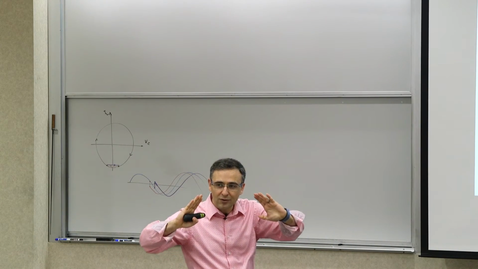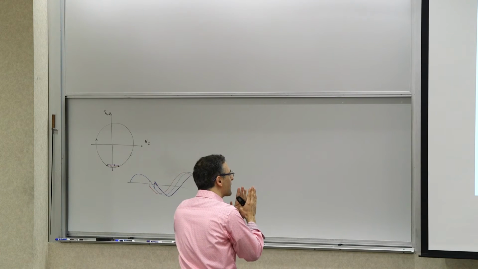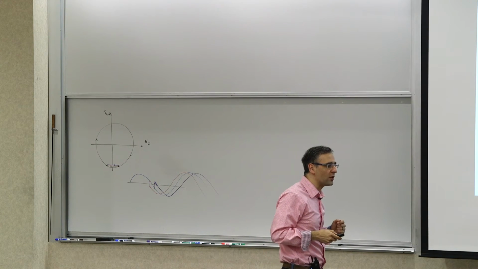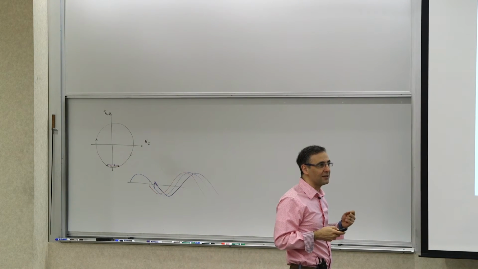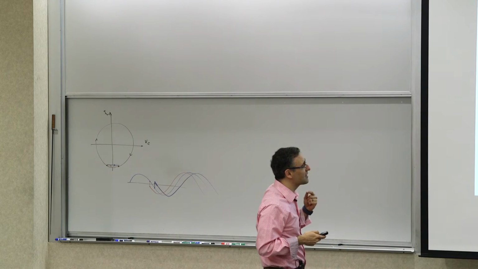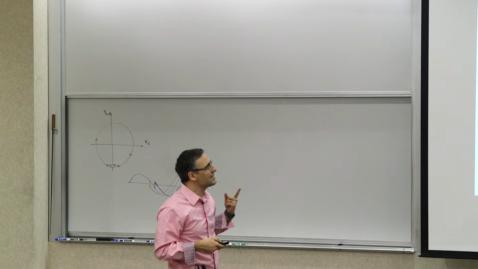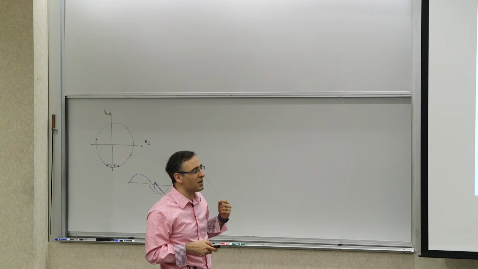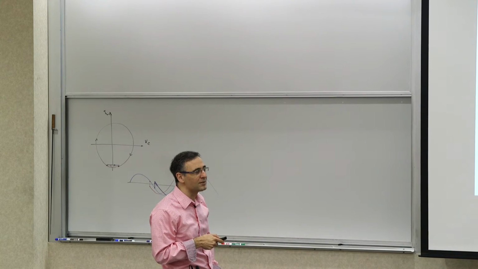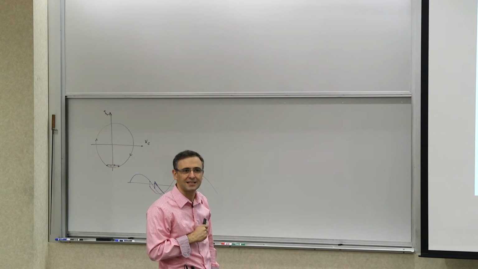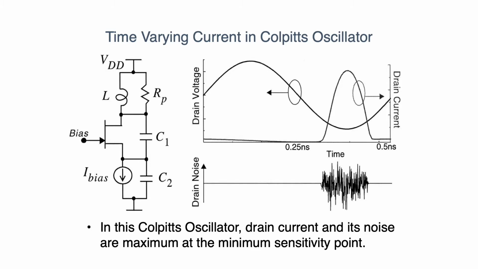So in other words, if you can line up your noise with the timing of the ISF, things work out nicely. Why is this a good thing in the case of the Colpitts oscillator? Because remember, the sensitivity was minimum at the peaks of the oscillation waveform. That's where your current and noise are maximum.